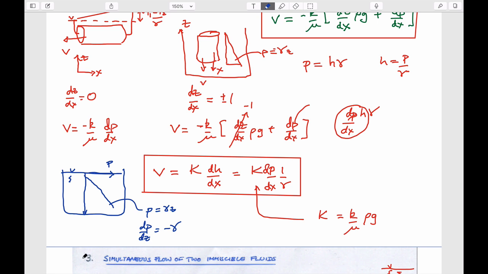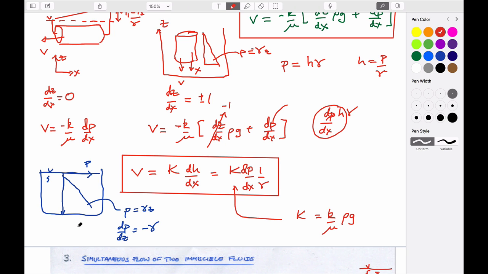Right? If you look at the value of the magnitude of head, then the magnitude of head would look exactly like this. It would not vary in depth. And we know that, right?